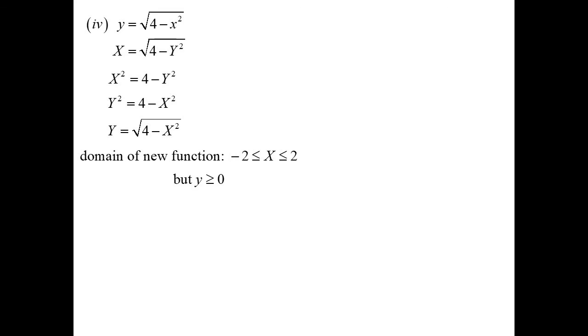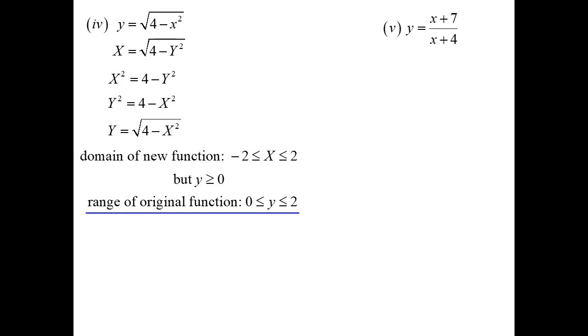So I can't just say then that the range of the old function was just in between minus 2 and 2 because we know we can't get negative numbers. So I've got to take that into account. So it's not a foolproof method. Sometimes you do have to be careful and consider some other things. But it does give us another way.